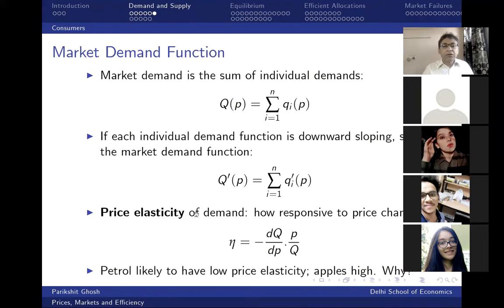Now, what is the definition of price elasticity of demand? That's the last line here. Now, you can think of it as dq over dp. An alternative way of writing this ratio is dq by q in the numerator and dp by p in the denominator, okay?